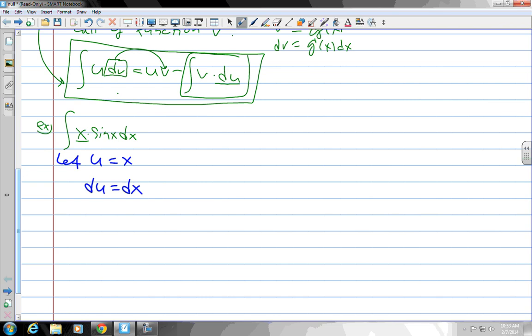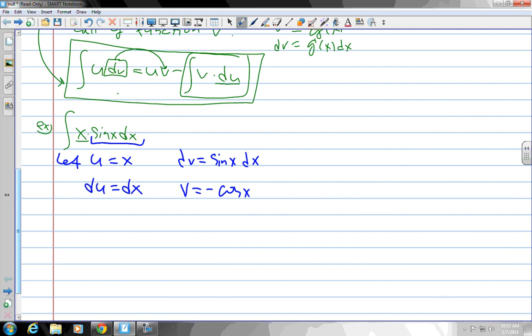It's 1 times dx. Is that okay? But at the same time, the rest is dv. So then dv equals sine x dx. So what is v? You integrate that, negative cosine x. And forget about this plus c thing.